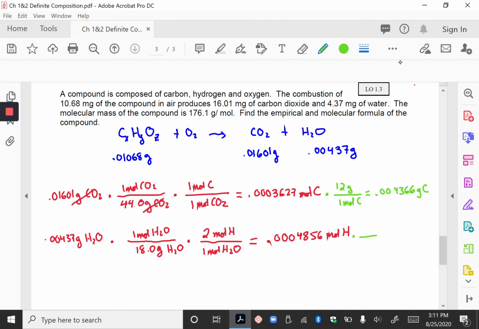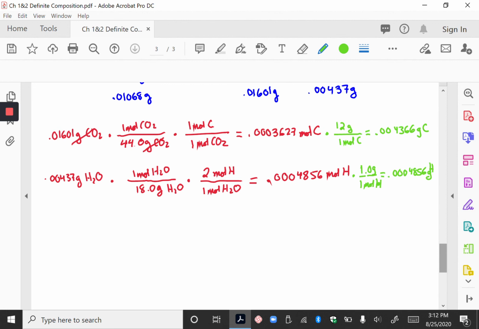Same thing for the hydrogen. 1 mole of hydrogen is 1 gram. So this gives me pretty much the same number, 0.004856 grams of hydrogen.